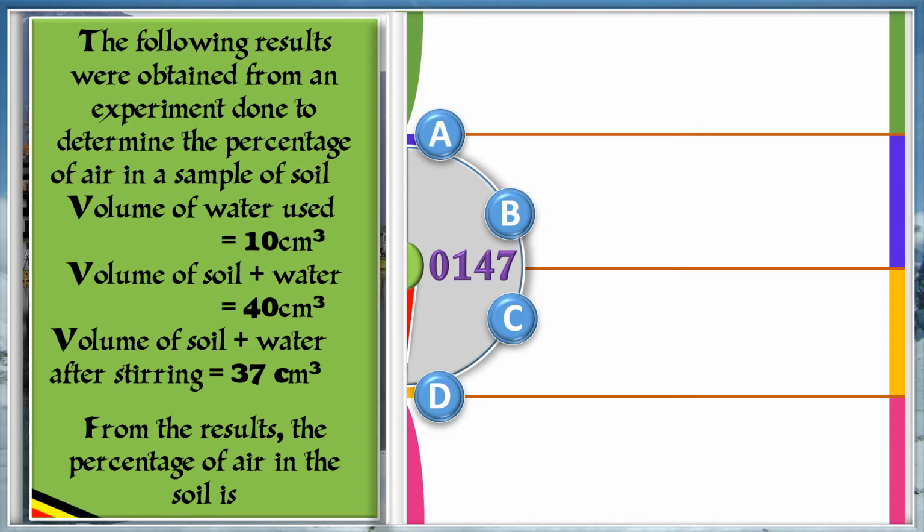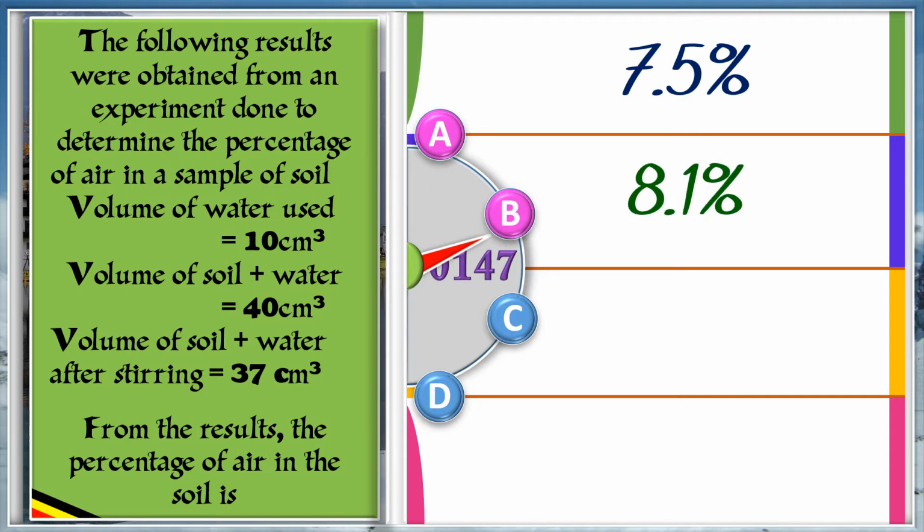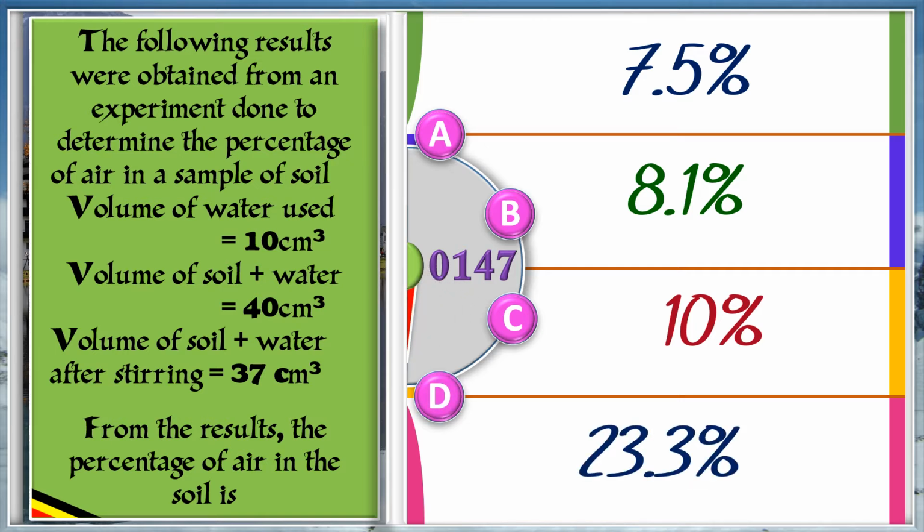From the results, the percentage of air in the soil is: A. 7.5%. B. 8.1%. C. 10%. D. 23.3%. And the answer is 10%.